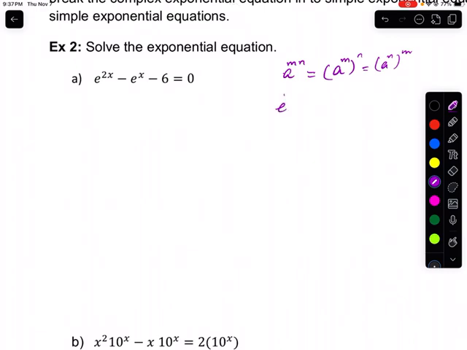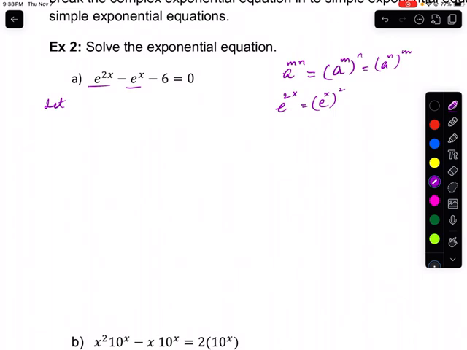So we can write it in any way. So the term e to the 2x is actually e to the x whole square.